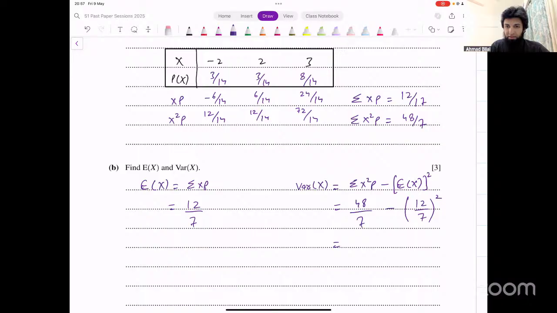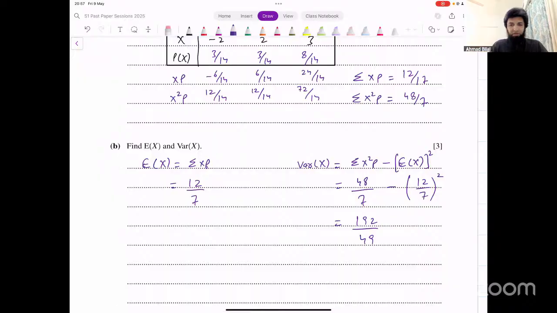Is that correct? 192 over 49. Okay, so that's the final answer that we get. We can just leave it like this. You can write fraction, you can write decimals if you want, or just leave it like this. Both are fine. That's your final result.